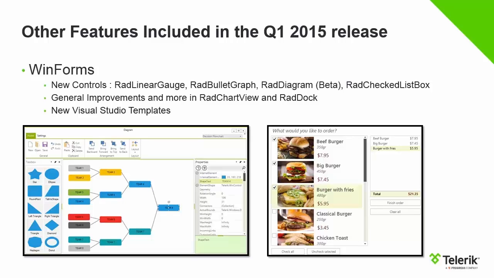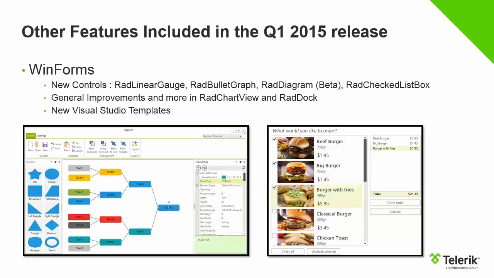So WinForms has released 4 new controls, such as Rad Linear Gauge, Rad Bullet Graph, Rad Diagram, and Rad Checked List Box. Rad Linear Gauge is a linear scale that can display multiple scales and ranges. Rad Bullet Graph combines the number of indicators as well as the data indicator into one control. Rad Diagram allows you to create diagramming and rich data visualization.